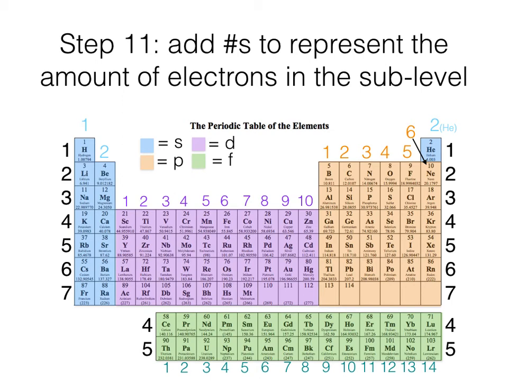What you have now is a periodic table that will allow you to determine the electron configuration of any given element.